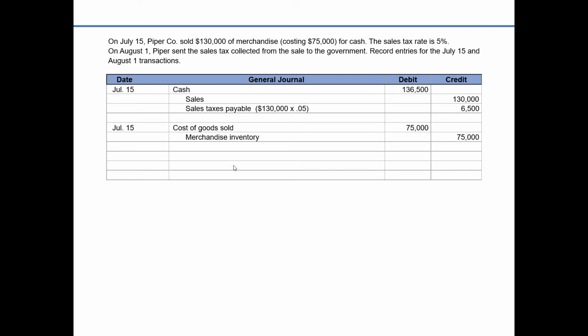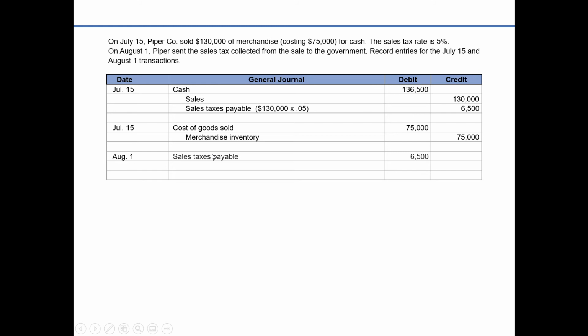We're not done yet. I mentioned Piper can't keep the sales tax amount of $6,500. Again, it's just a pass through. It's an IOU or payable until it remits it. It's going to come along on August the 1st and remit the sales tax that it collected to the government. So on August the 1st, it's going to decrease that liability account.